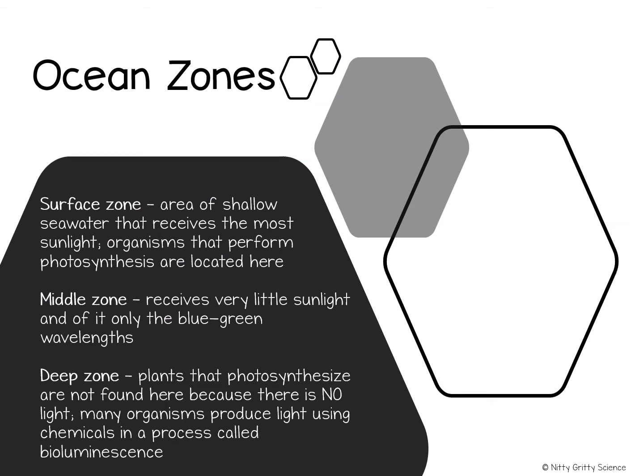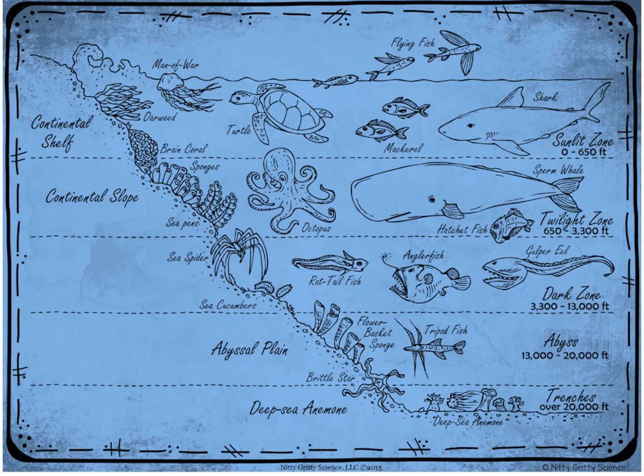The middle zone, or twilight zone, which scientists sometimes refer to as the mesopelagic zone, receives very little light, and organisms from the zone will wait until night to come up to the surface and feed. Now, the deep zone receives zero sunlight, so there are no organisms that photosynthesize here. Many organisms produce their own light using chemicals in a process called bioluminescence.